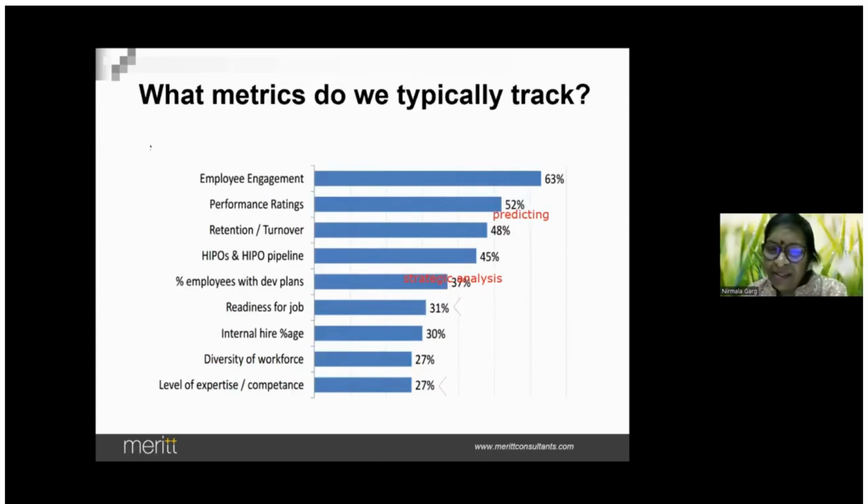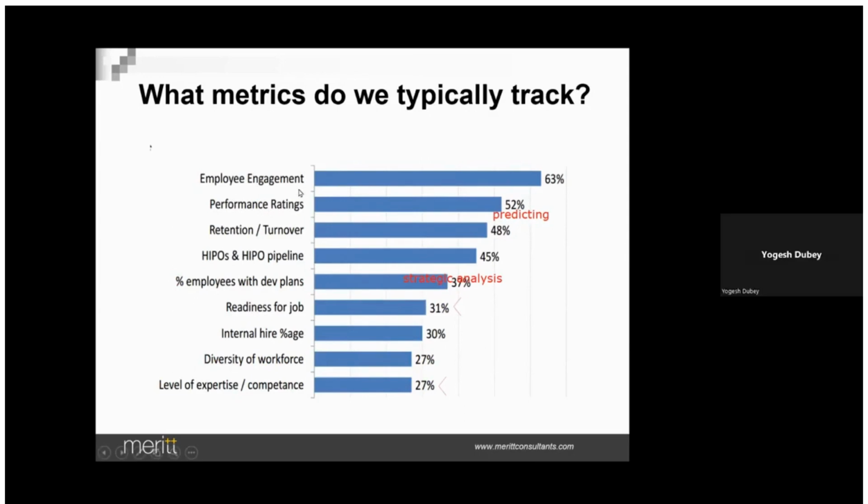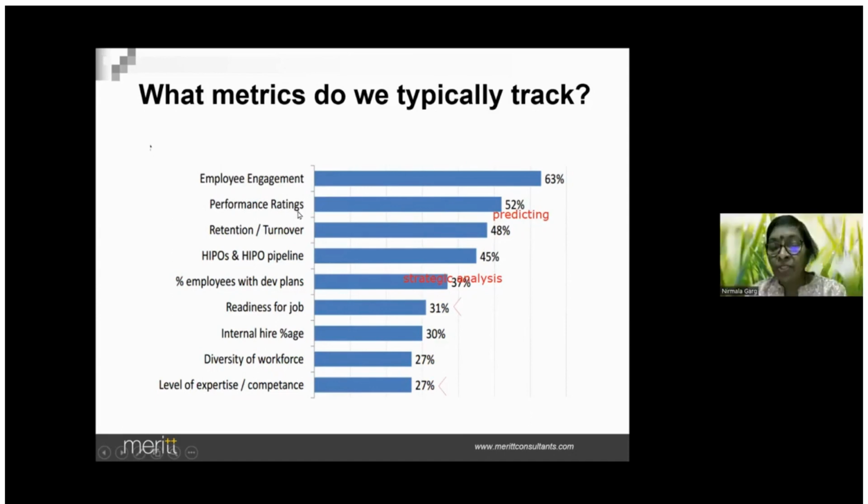Typically, I am sure all of you will be familiar with the kind of metrics we track. Are you familiar with employee engagement? Performance ratings we do as part of performance management every year. Retention or turnover is a metric we try to capture as part of talent analytics, because the higher the attrition, the higher the cost.